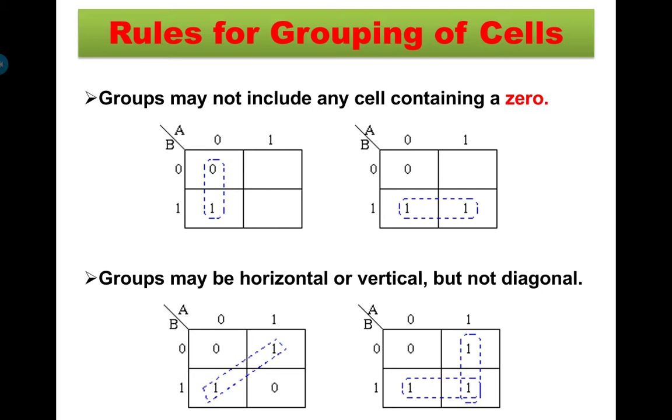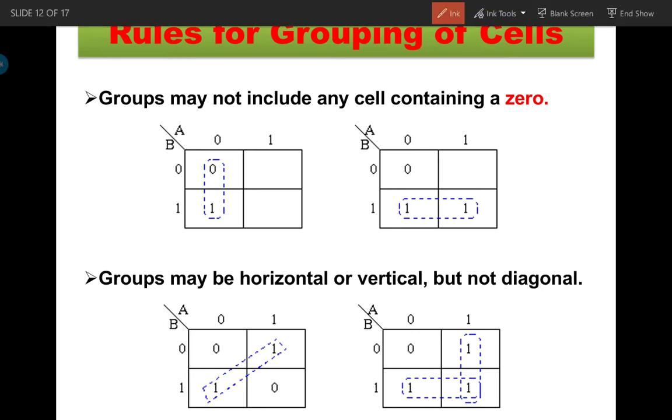Now coming to the rules for grouping of cells. The first rule is that the group may not include any cell containing a 0. This means that we should include only ones in a group. There should not be any 0 in a group.